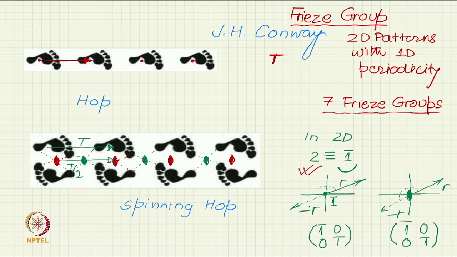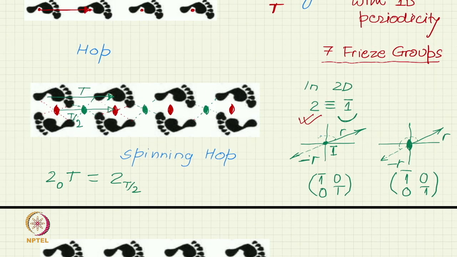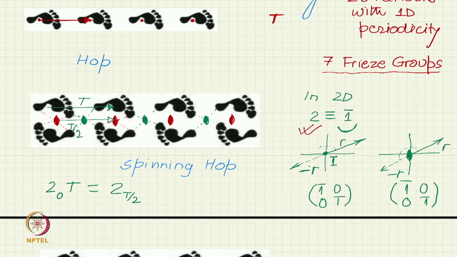So, let me say that a twofold at origin, combined with a translation t, is a twofold at t by 2 away from the origin. So, this probably is a nice operator symbolism we can say. So, this will always generate.